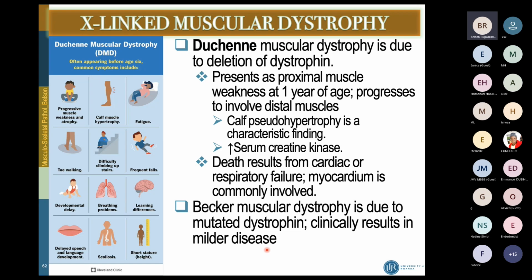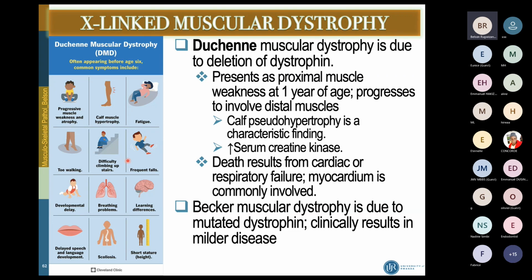They have some dystrophin protein, but little as compared to what there should be. So here, Duchenne muscular dystrophy shows the signs and symptoms of progressive muscle weakness and atrophy, calf muscle hypertrophy, fatigue, and walking on the toes, maybe because other muscles are weak, you know?